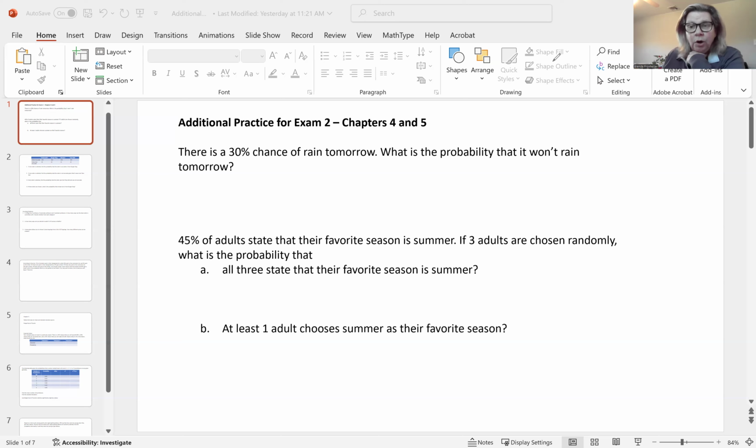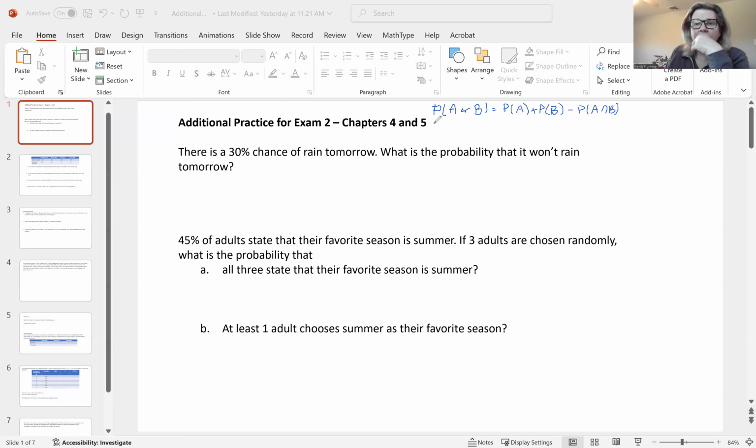So you are going to be given formulas. Again, in chapter 4 there are many that I don't even recommend that you use, and you may not use at all. Some of the formulas that you're going to see: P of A or B is equal to the probability of A plus the probability of B minus the probability of that overlap. I will have an example in a little bit to show you.